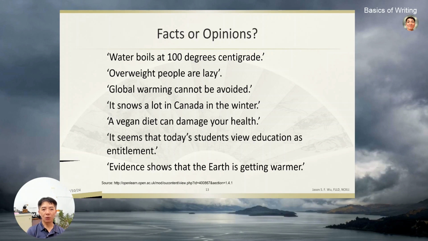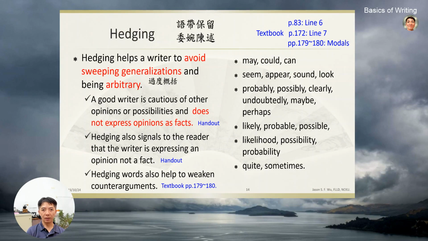Okay. So why do we need hedging words? Hedging words sometimes help you to protect yourself and also help the writer to avoid sweeping generalization. All right. So when you say fat people are lazy, it's kind of offensive, right? Not everyone is the same. Of course, we may see some extreme cases, but they are not always the same.